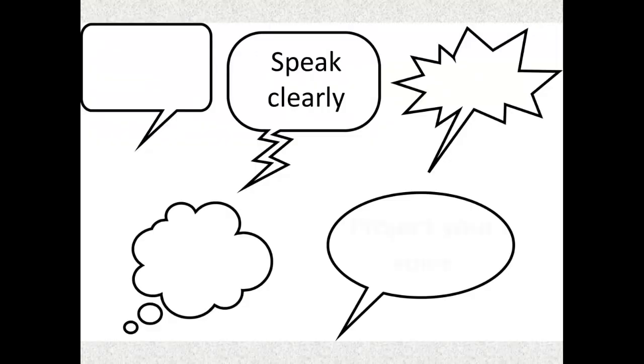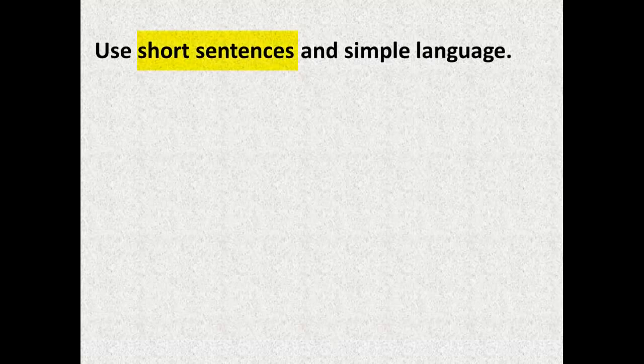Speak clearly. Project your voice. Make sure they can hear you. And associated with that is that you need to use short sentences and simple language. This is particularly true at lower levels, of course, but even at higher levels, the objective here is to give them instructions they'll understand, so you don't need to make it complicated.